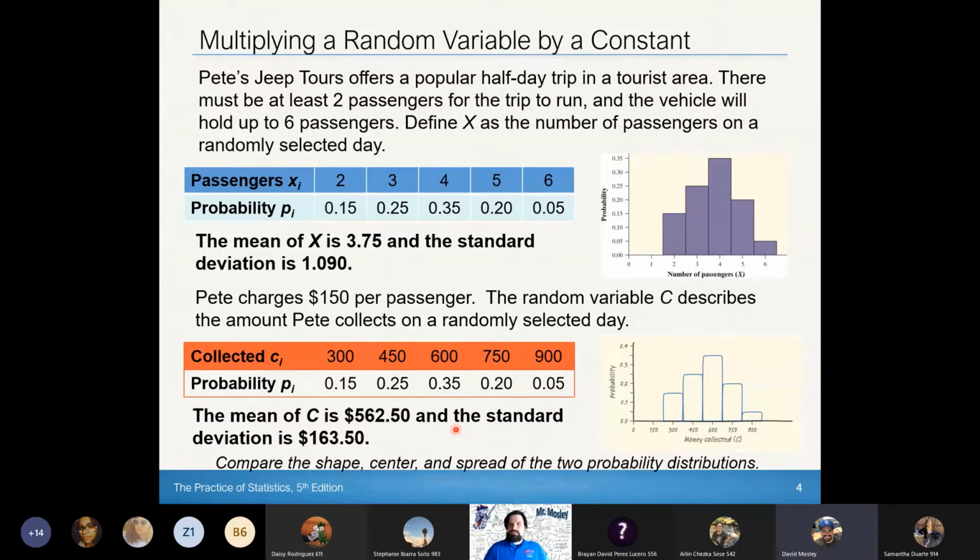It's the same kind of ideas from our transforming of a distribution. We're multiplying by a constant, and that changes measures of center and measures of spread. So the mean and the standard deviation are both being multiplied by the 150.